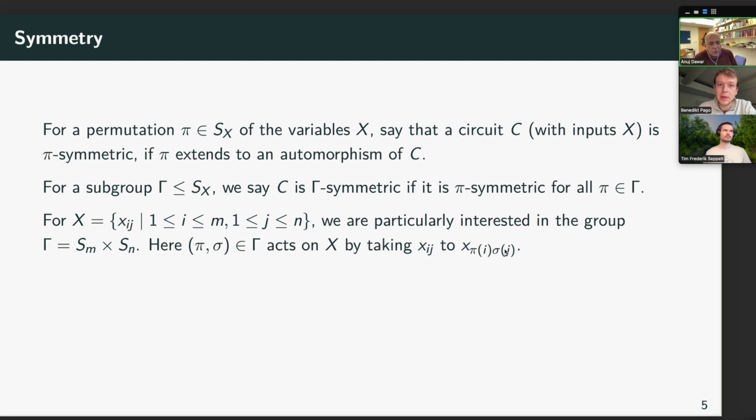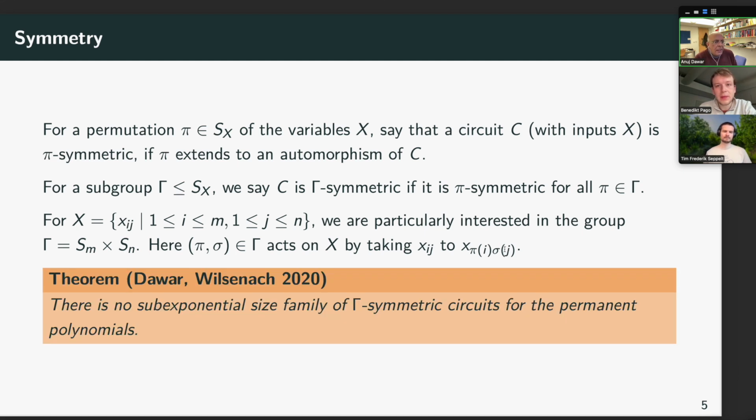So you permute the rows according to π and the columns according to σ. And the theorem that I mentioned before about symmetric circuits essentially says that there is no sub-exponential size family of Γ-symmetric circuits for this particular Γ for computing the permanent, right? There's an unconditional exponential lower bound on symmetric circuits for the permanent.